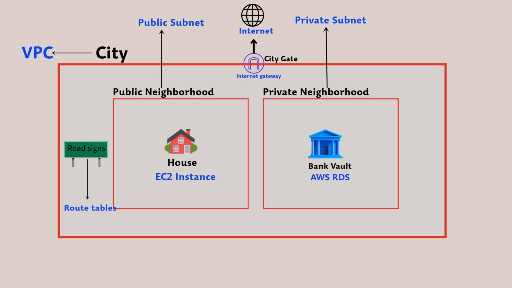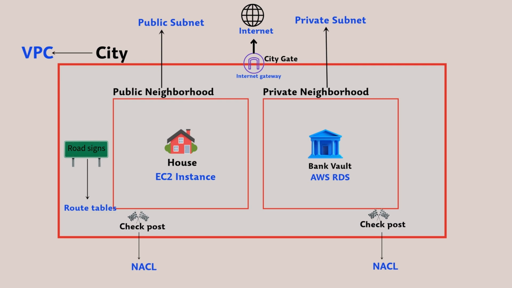And in the colonies, we also have local gates. In different colonies, we have local gates. Those gates you can consider as a checkpost, and a checkpost you can consider as a NACL. Each subnet has a NACL attached.